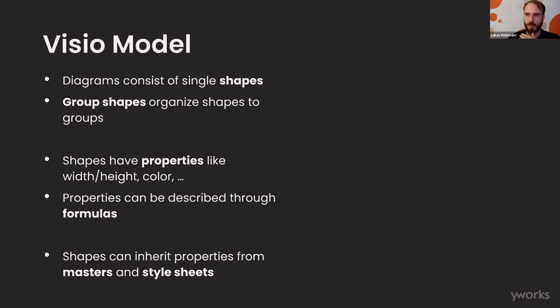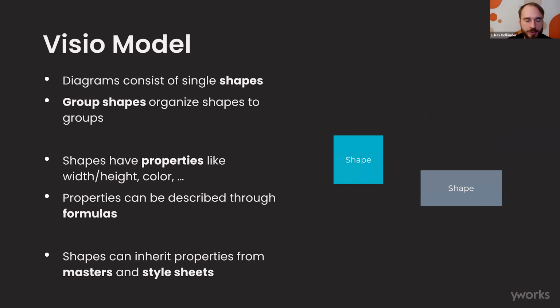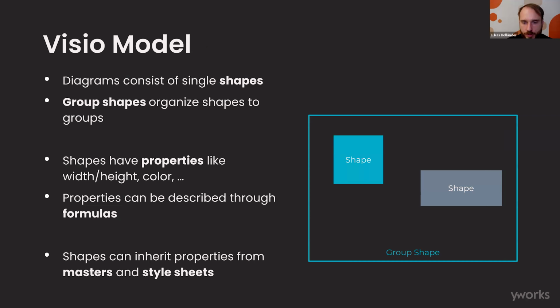So how does Visio work? Diagrams consist of single shapes, and it's possible to organize those shapes into groups so they move together or resize together, etc. And these shapes have properties like width or height or color, and that's the special part about Visio.